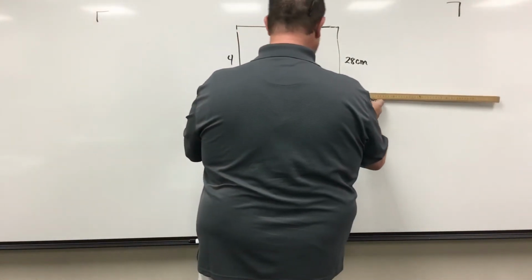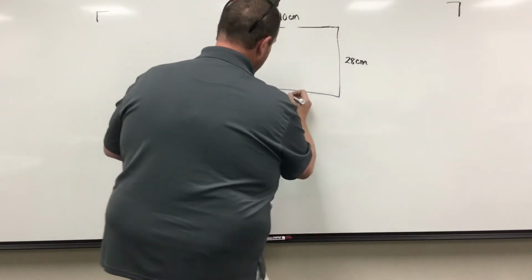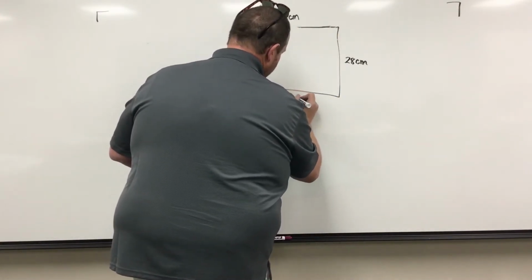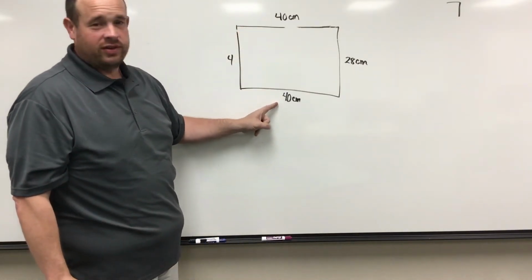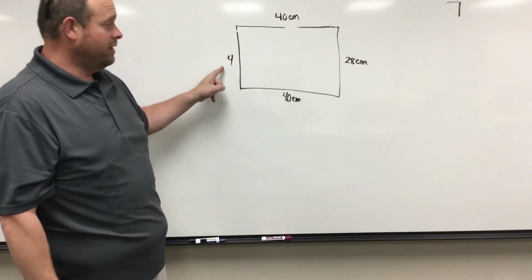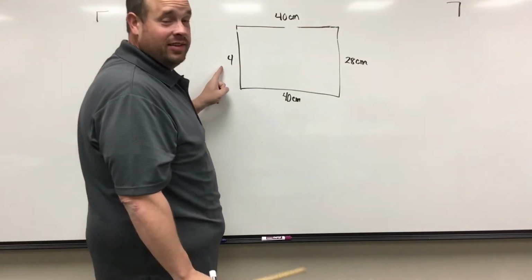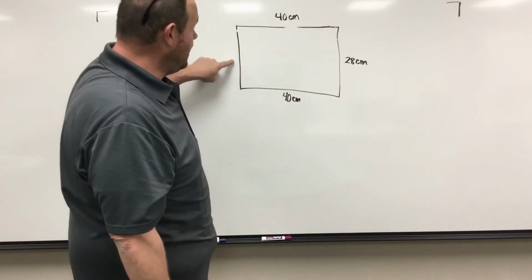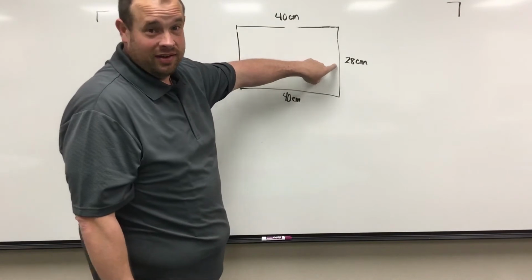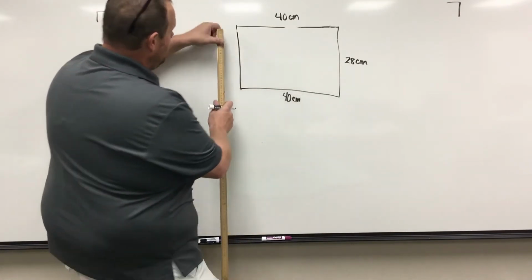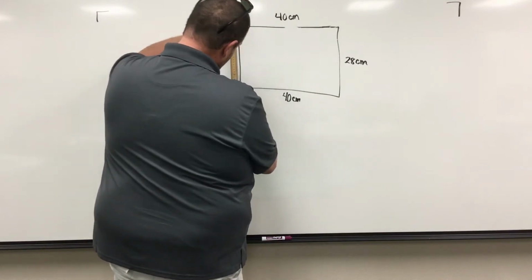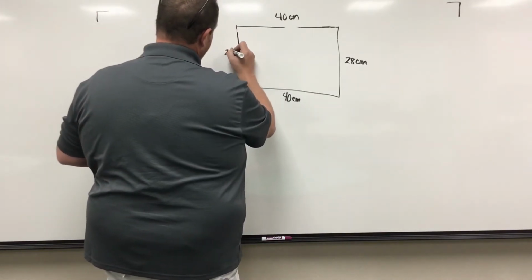So we're going to pull it up, we're going to measure 40 centimeters. So if this is 40 centimeters and this is 40 centimeters, then what is this measurement? This side has to be the same as this because it is a rectangle. So if this is 28 centimeters, this has to be, if we measure correctly, 28 centimeters as well.